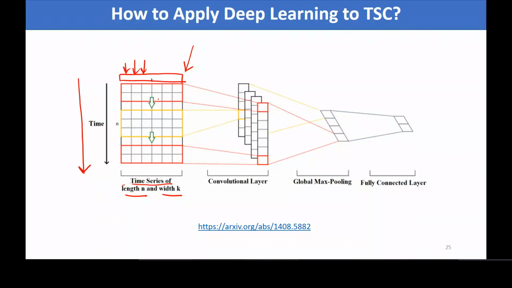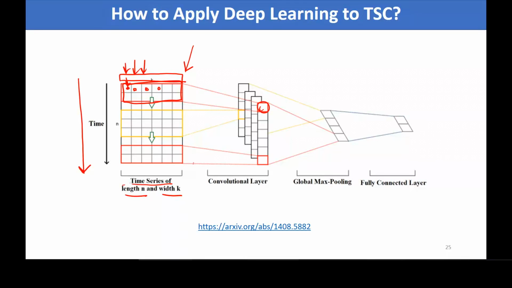You don't take a single reading, you don't take a single point. And then you convolve a filter. Convolution means you just multiply each weight in the filter by the corresponding number inside the input matrix, and then you add up the result and you put it here.